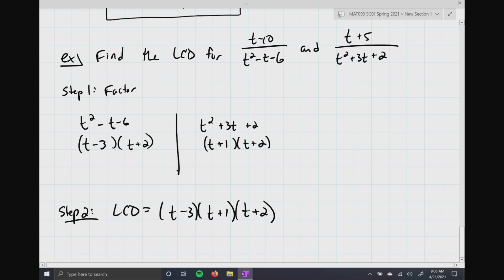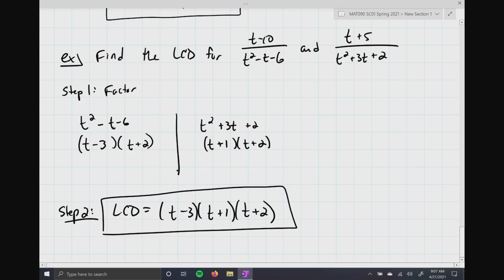So if I look at both factorizations from above, the t minus 3 only appears once. So 1 t minus 3. The t plus 1 also only appears once. The t plus 2 appears once in both of them, but it only appears once. That's the maximum number per factorization that I see. So I'm done. That's going to be my LCD.